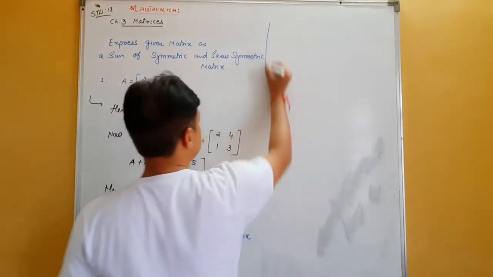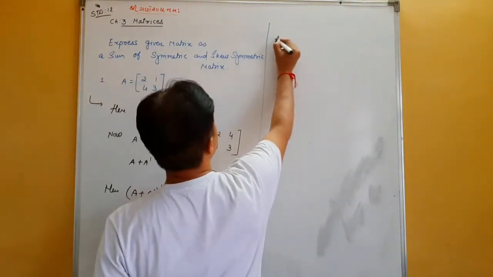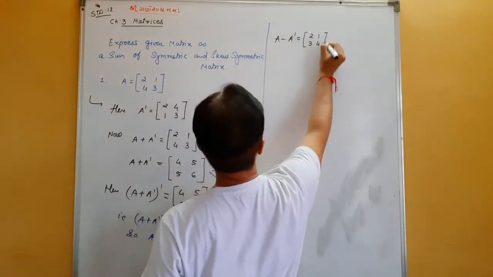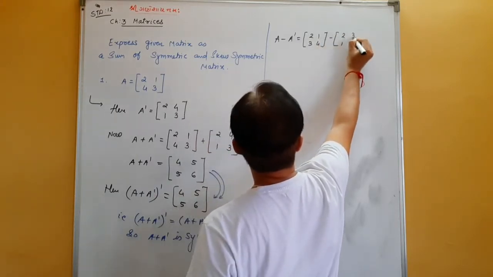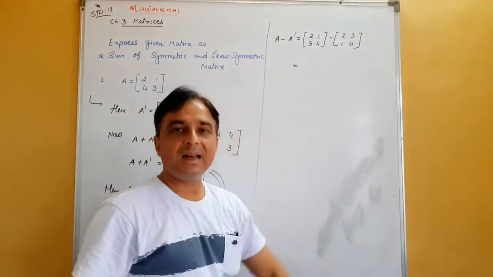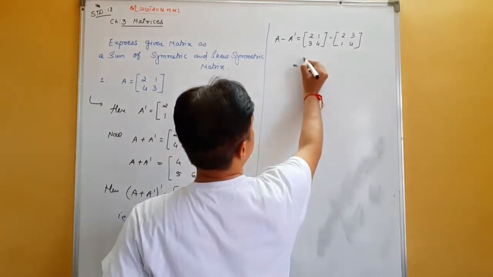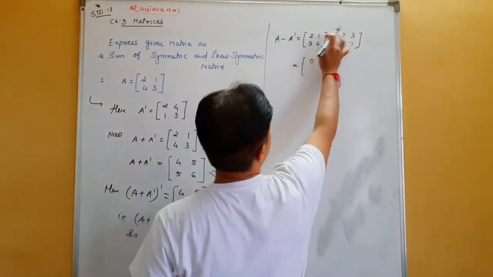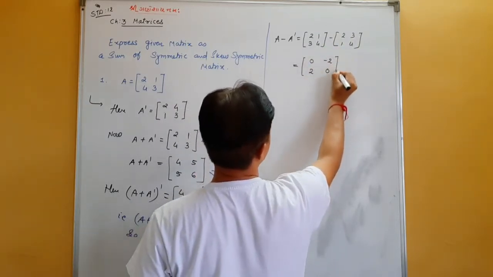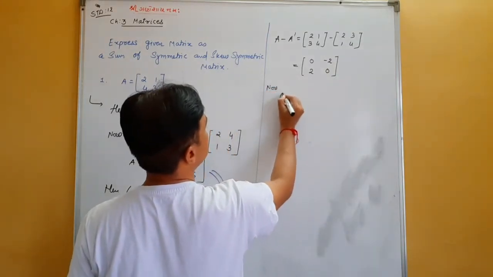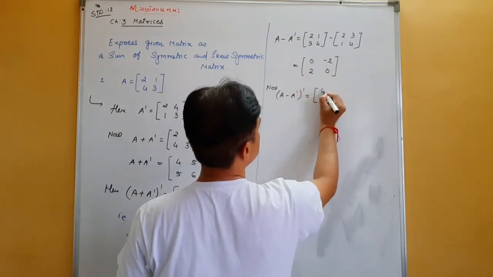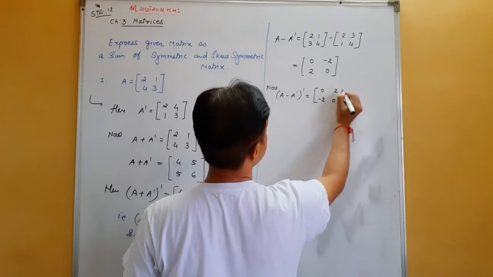Now take A minus A'. [2 1; 3 4] minus A', the transpose of A. Subtracting these two matrices: 0, 1 minus 3 is -2, 3 minus 1 is 2, 4 minus 4 is 0. Now (A minus A')': that is [0 2; -2 0].